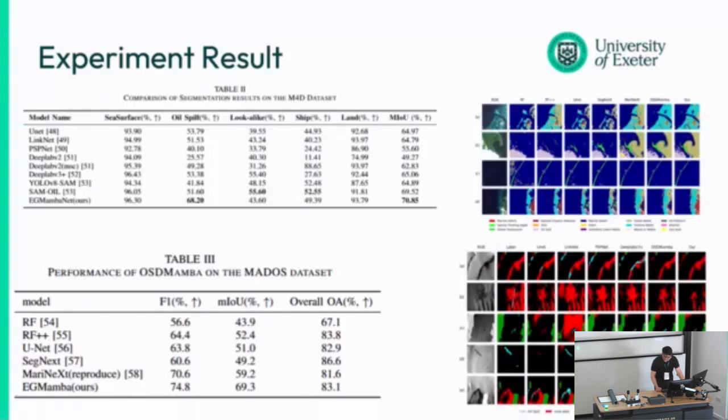On the more complex dataset, which has many more classes, our model still performs strongly, improving F1 score by about 4% over the previous method, and consistently segmenting multiple pollution categories under diverse conditions.